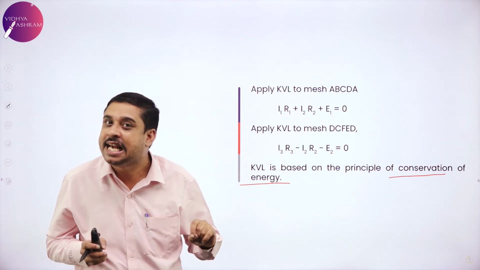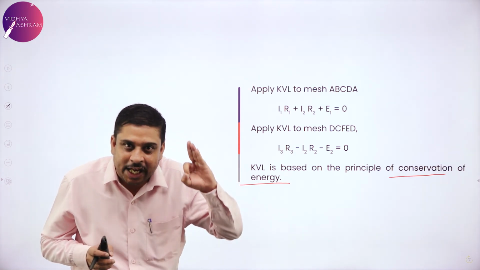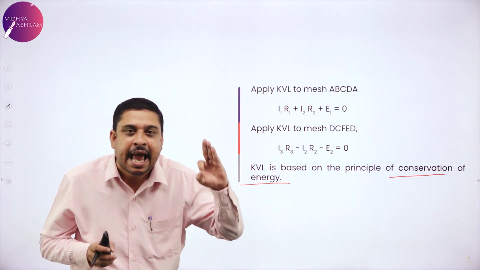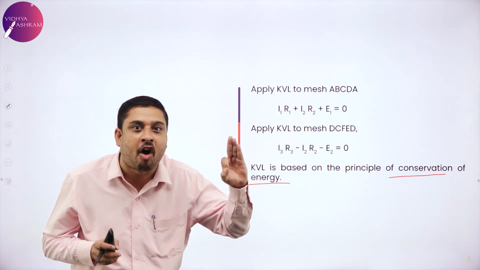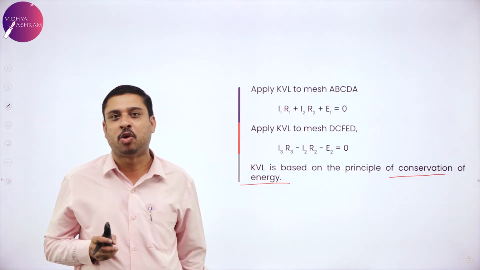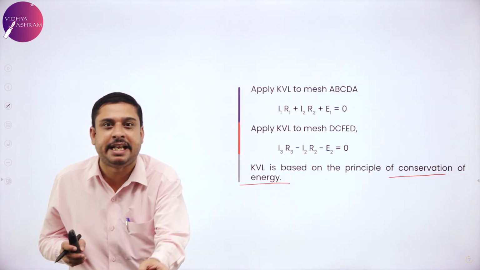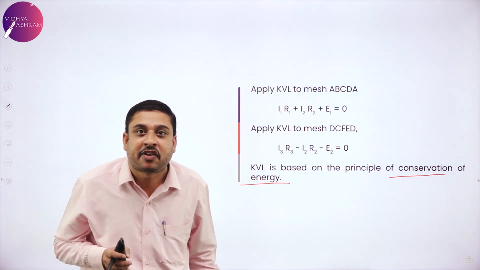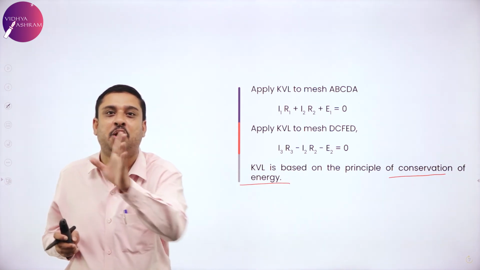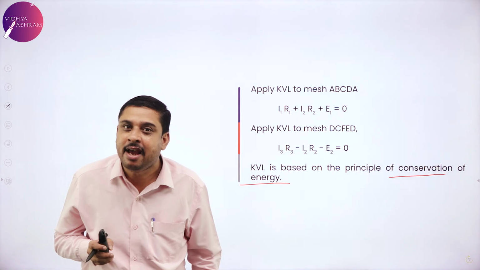What did KCL state? At any node of a network, the algebraic sum of currents should be 0. What was positive current? Current entering the node. Negative current? Current leaving the node. So what did we say?